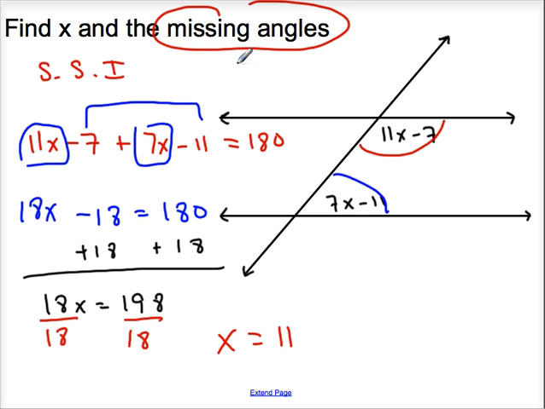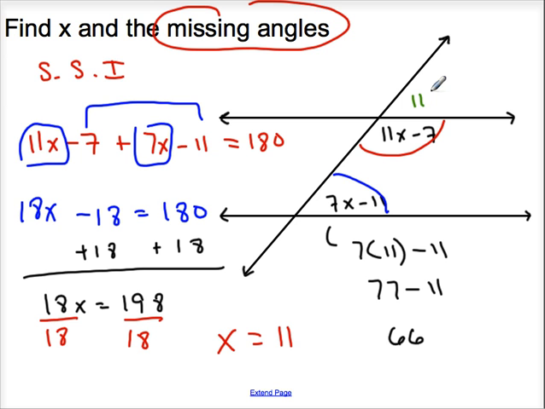No. Okay, so be careful. Go back in and plug in for the missing angle. So this angle here would be 7 times 11 minus 11. So I have 77 minus 11, and I get an answer of 66. If this is 66, then you could either plug back into x here, or you could say, okay, well, 180 minus 66, and you could get your answer here. I'm going to go back and plug in.